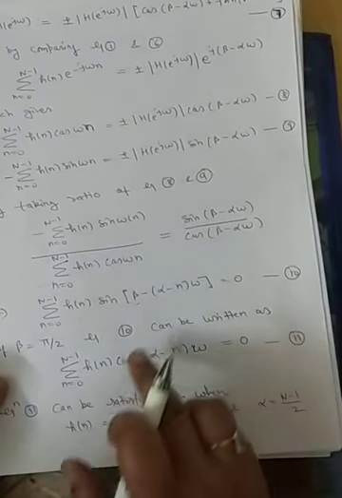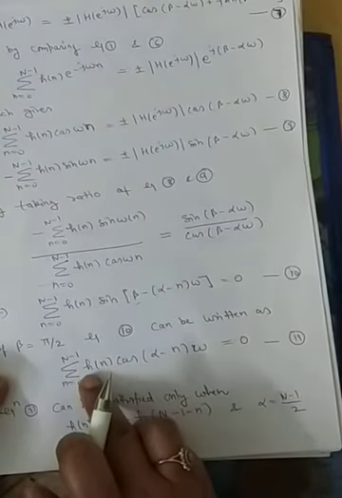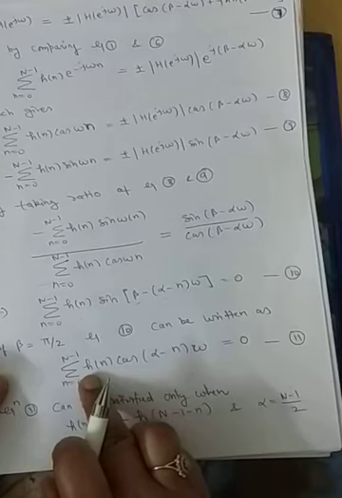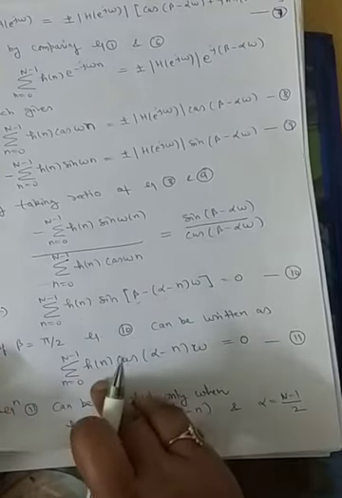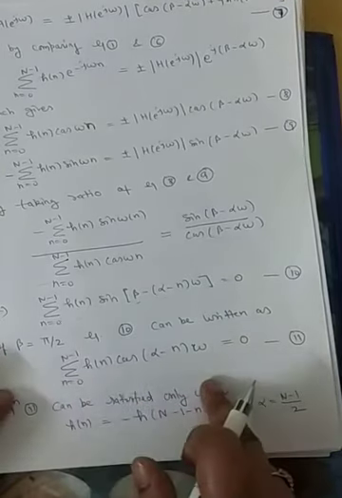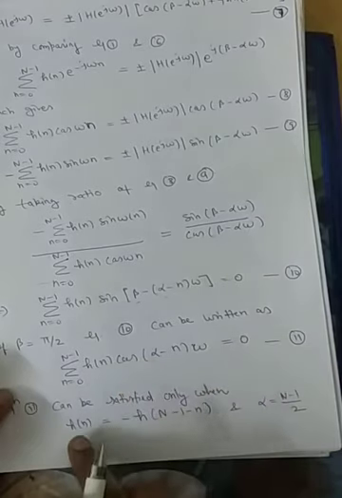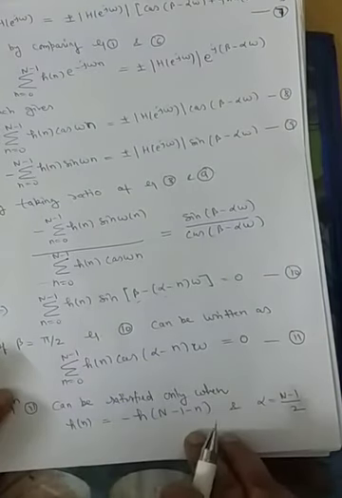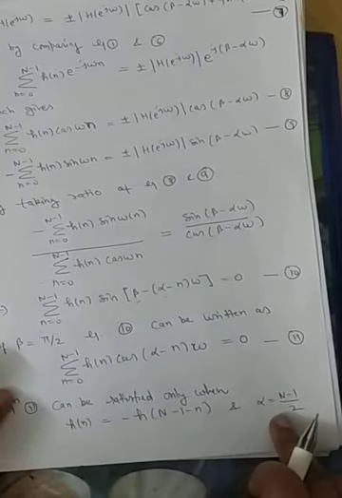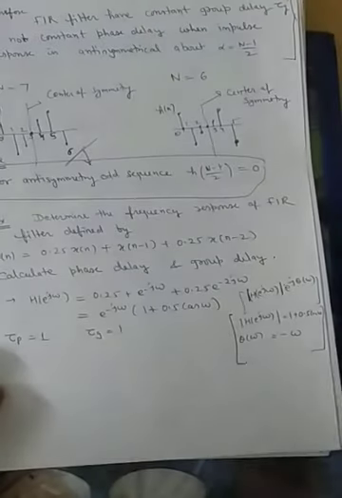So when this is the case, in such a condition h(n) must be of opposite sign at equal and opposite ends. Okay, at opposite ends h(n) must be of different sign but equal in amplitude. So this condition will be here, and again the center of symmetry will be half of the length of the filter.